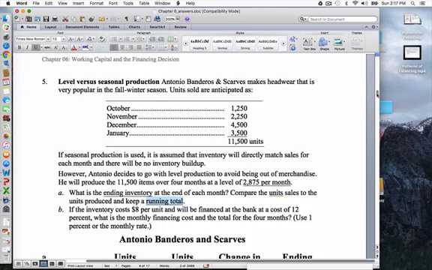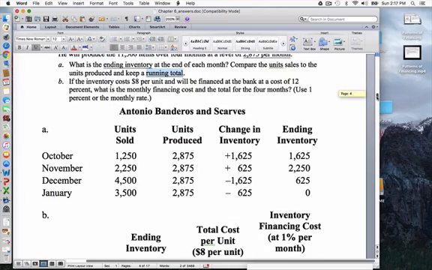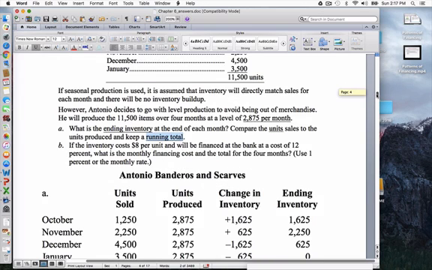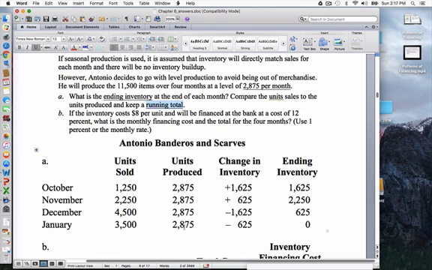And then keep a running total from each month to the next one. So let's work on A now. We have units sold 1250, then units produced, they are going to be the same for each month, level production. Units produced minus units sold, it's going to be this amount, and that's your ending inventory for October.